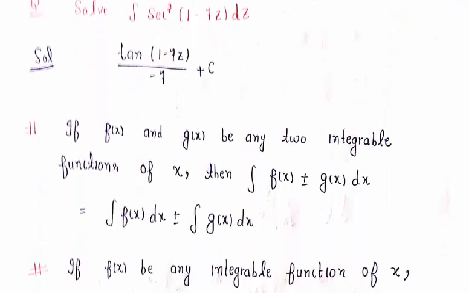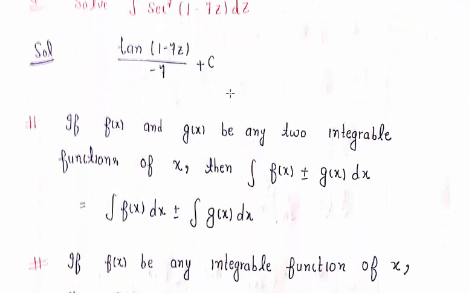Now next is, if f(x) and g(x) are any two integrable functions of x, then the integration of f(x) plus minus g(x) dx equals the integration of f(x) dx plus minus the integration of g(x) dx.